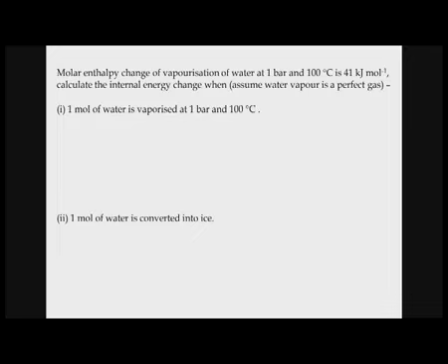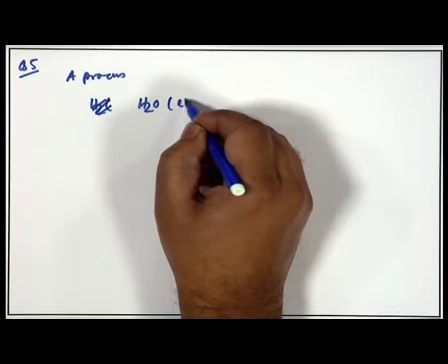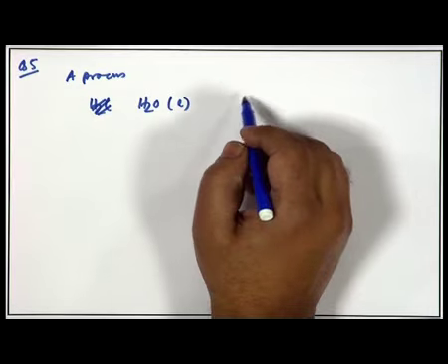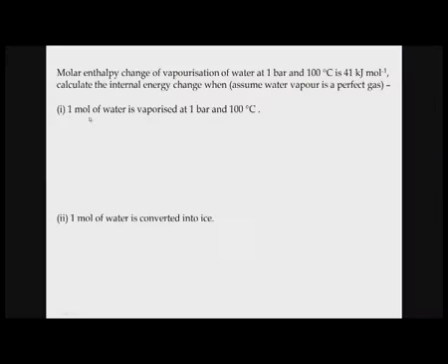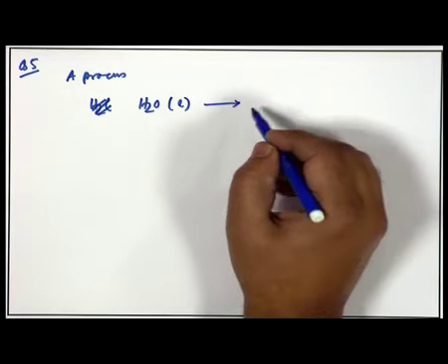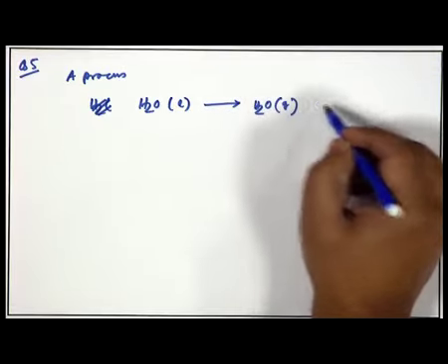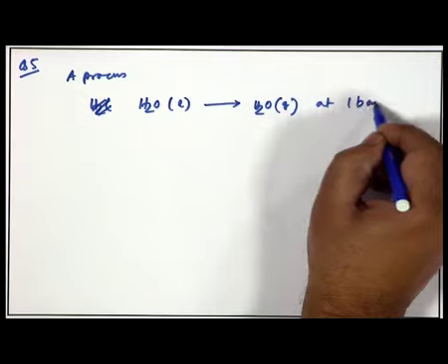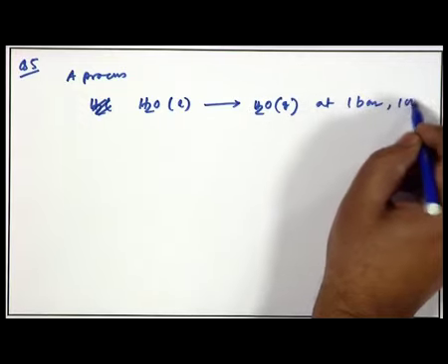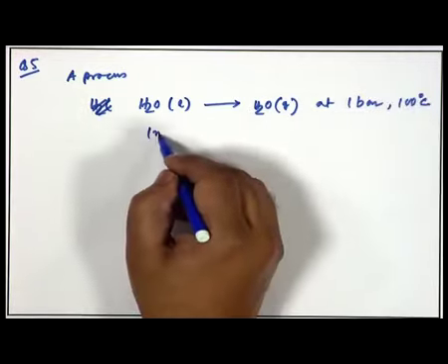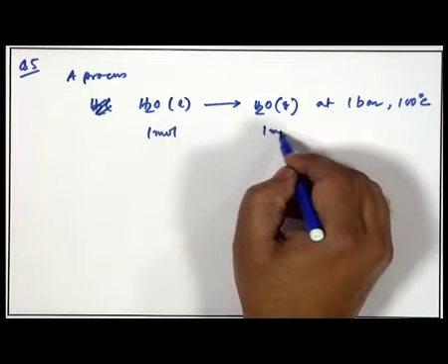So, this is basically a vaporization process, and 1 mole of water is vaporized at 1 bar at 100 degree centigrade. So, H2O liquid to H2O gas at 1 bar, 100 degree centigrade, and we are talking about 1 mole here.